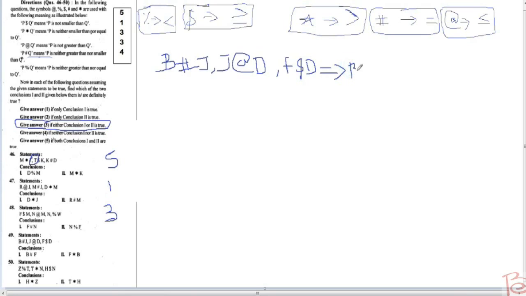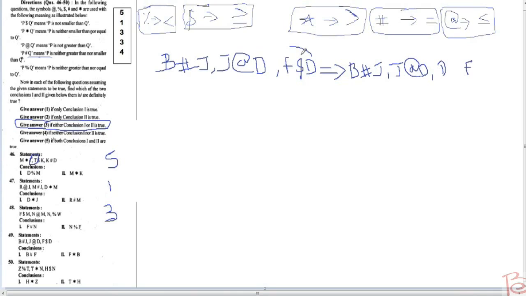I'm going to write it in the ordered manner. I'm going to change the order: I'm going to put d first, and write f second.